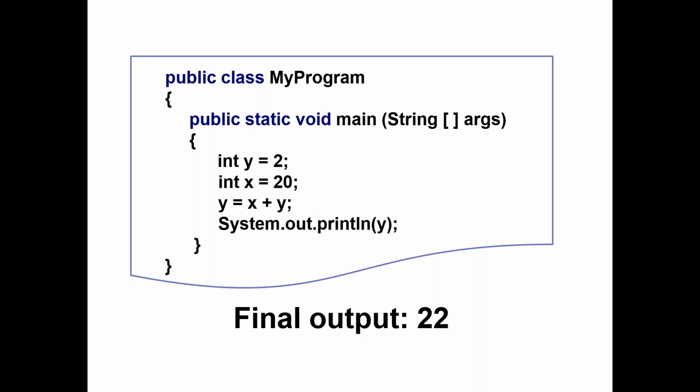Now we have to calculate the final y. This is possible because we're working with variables. The numbers that are stored in x and y are variables, which means they can change over time, depending on how we execute them.